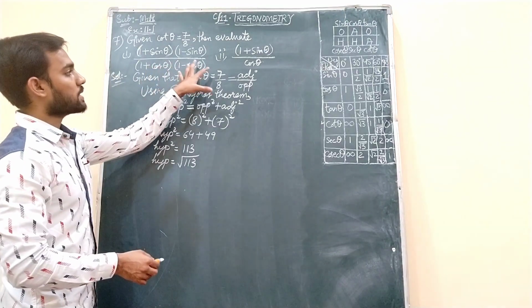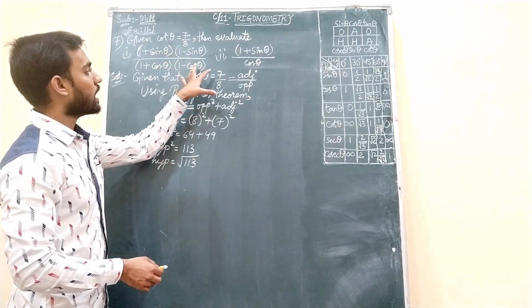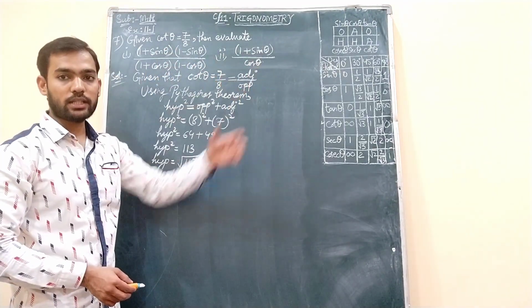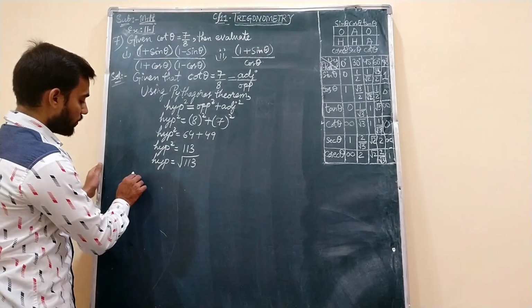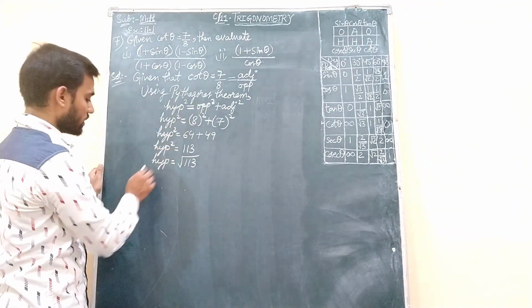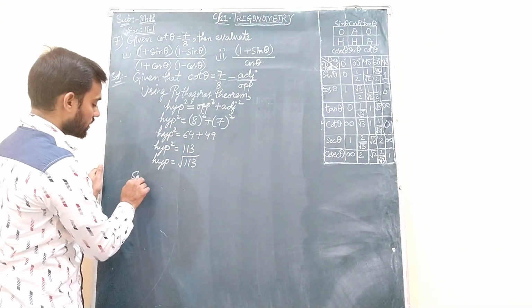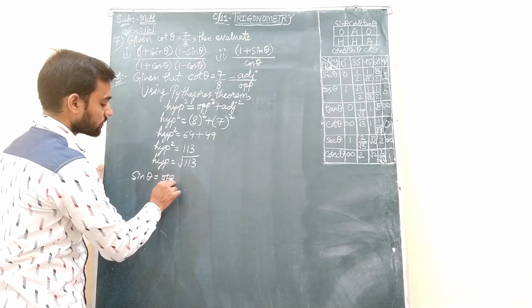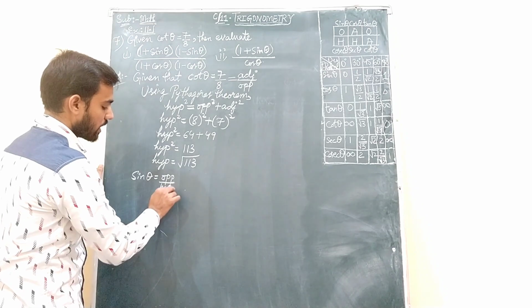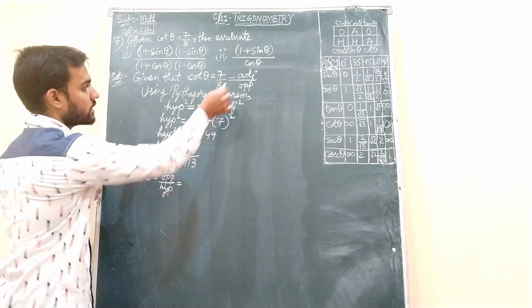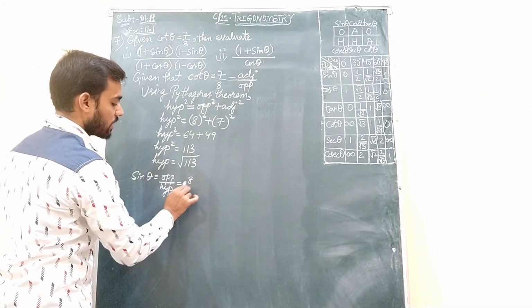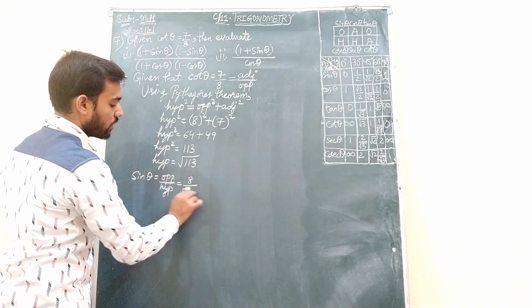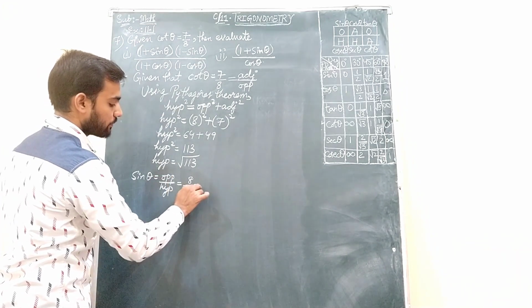Now when you see, the expression involves sine theta and cos theta, not any other ratio. So firstly we will find sine theta and cos theta. Sine theta formula is opposite by hypotenuse. Opposite is 8 and hypotenuse is root 113.